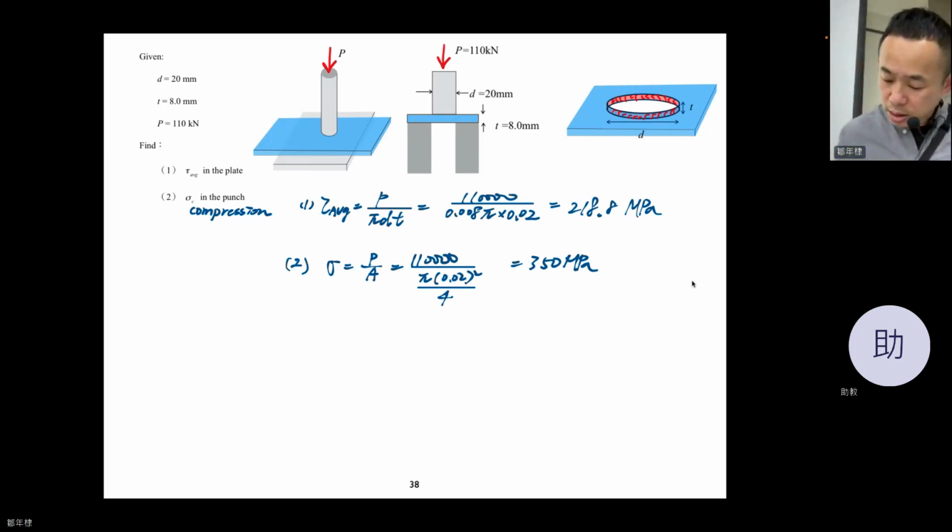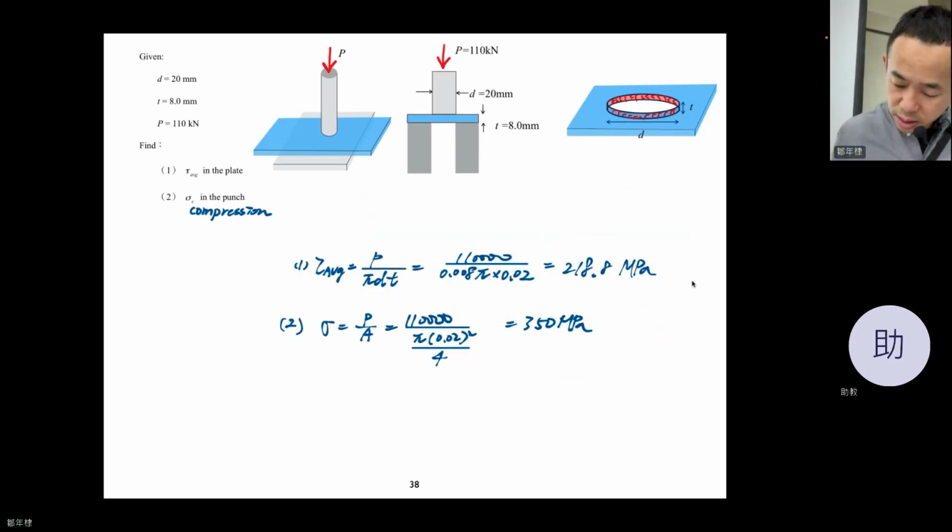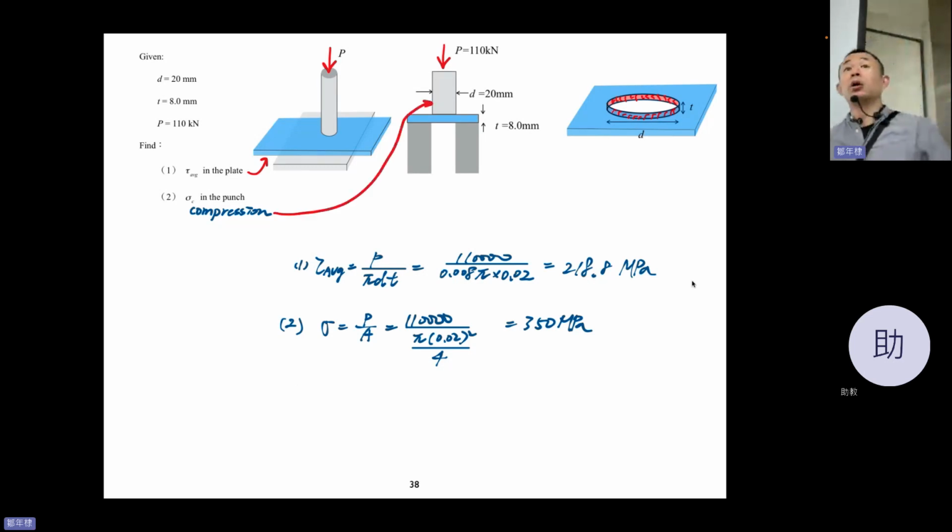We can say the first problem is focusing on the blue plate, and the second part is focusing on the punch, or you can call it a cylinder. The next one is also easy.